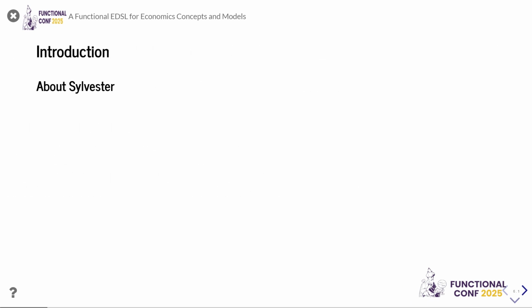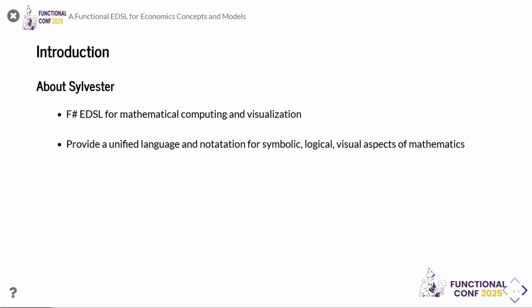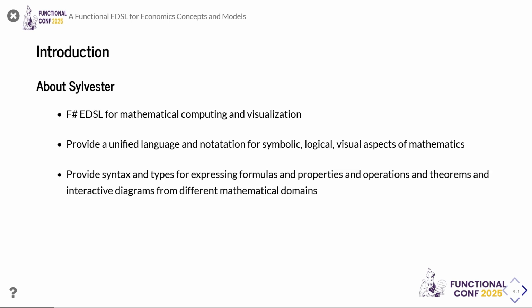Sylvester is an F# embedded domain-specific language for mathematical computing and visualization. The basic idea is to have a single language that can provide a common notation for the different aspects of mathematics: the symbolic, logical, and visual aspects. Basically, it has different syntax and types representing these different formulas, properties, operations, theorems, and also diagrams.